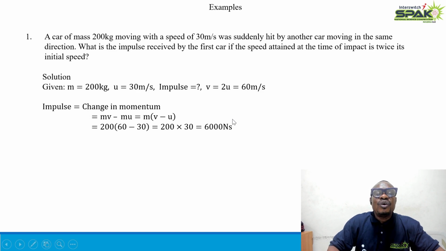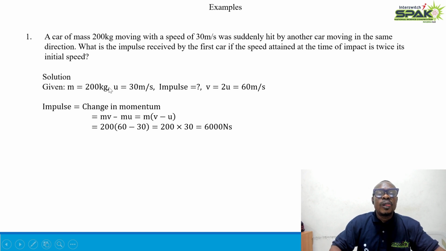Meaning that if the initial speed is 30 meters per second, then the final speed reached is twice the initial. So we have 2 times 30 to give us 60 meters per second, which is the final velocity.